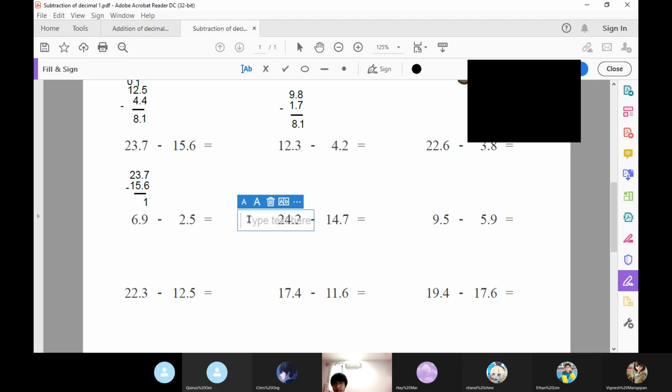But we have to follow one by one. 3 you cannot minus with 5. So you need to borrow. Borrow from the 2, it becomes 13. 13 minus 5 is equals to? 8.